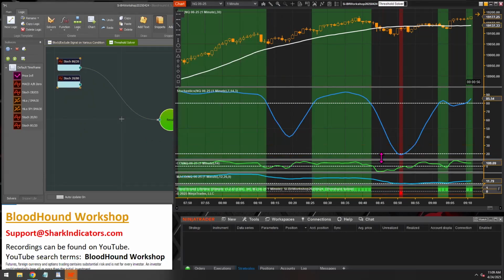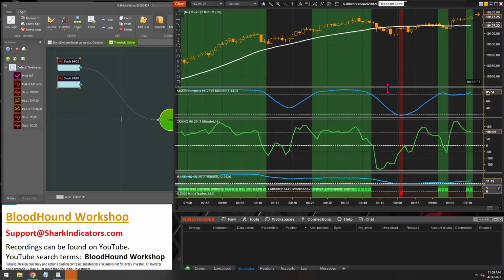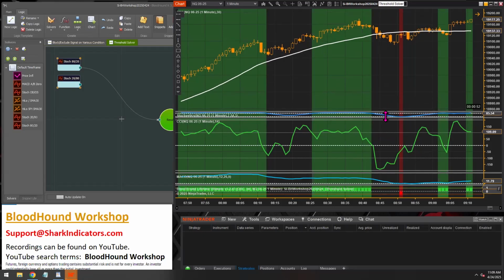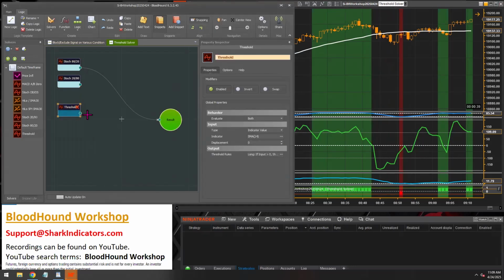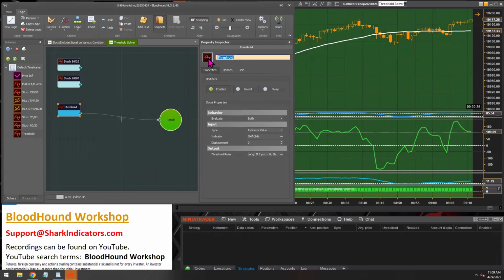So next, let's look at the CCI. So, right, this is basically going to be the same thing, except the CCI goes into negative numbers there. So let's pull up another threshold solver, like so.